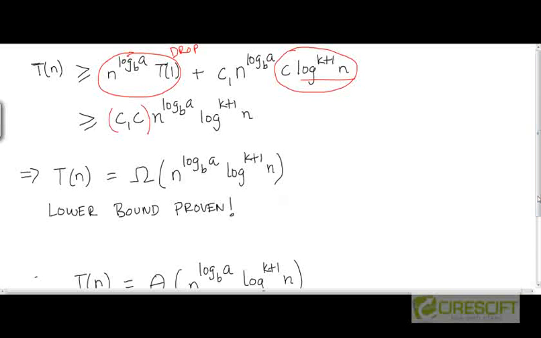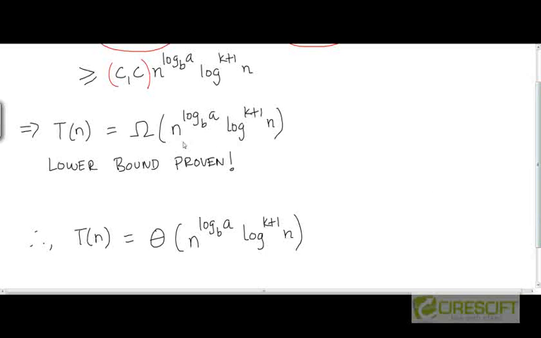We have already proven that T of n is in big O of this function. We proved that in the previous video. So combining that result with this result, we can now claim that T of n is in theta of n to the power log base b of a times log to the power k plus 1 of n.